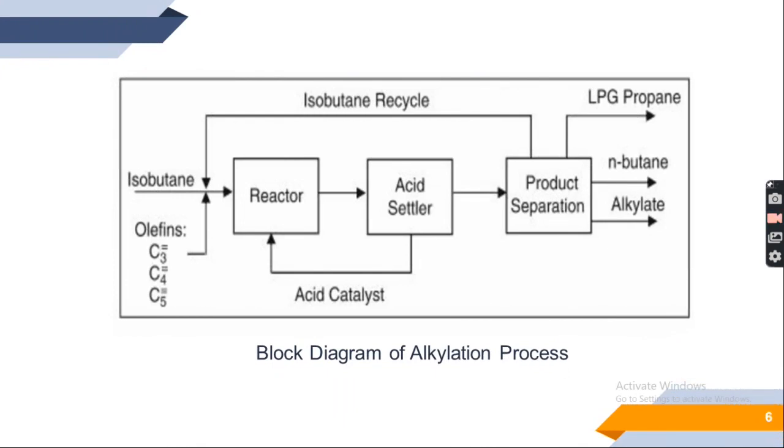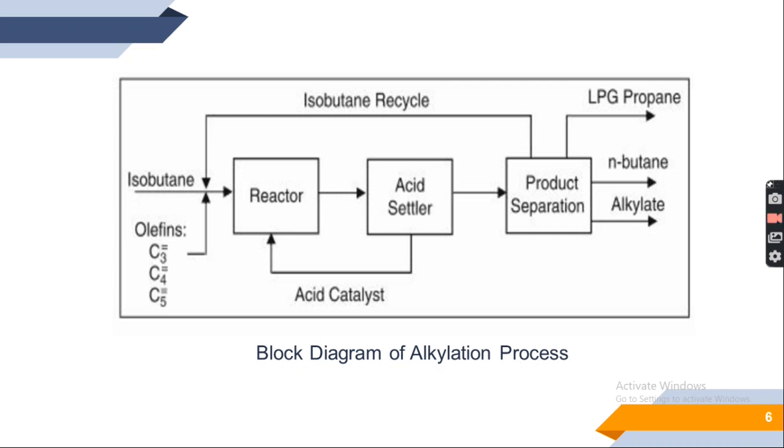So this is the block diagram of a general alkylation process. As we can see, isobutane and olefins are fed to the reactor where the acid catalyst is present and the alkylation process takes place.